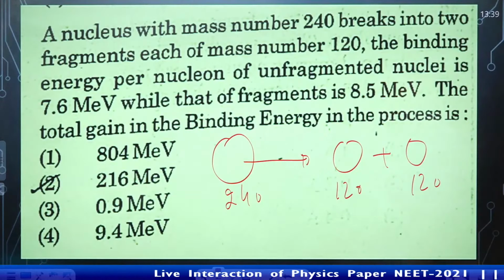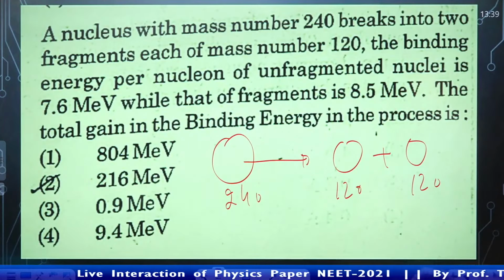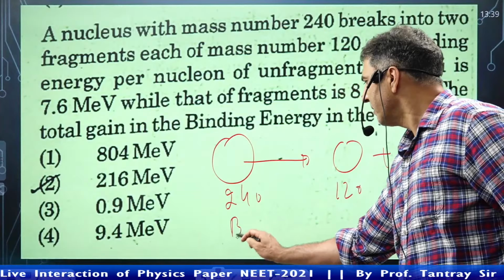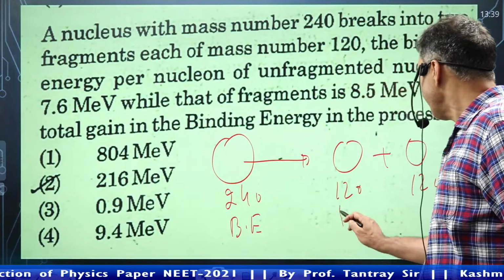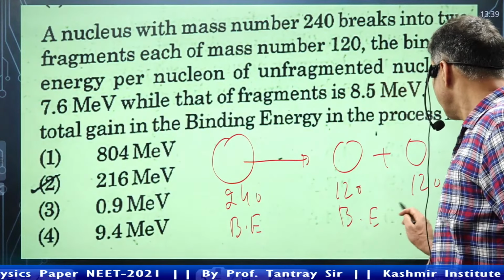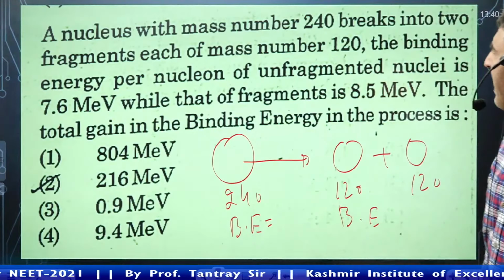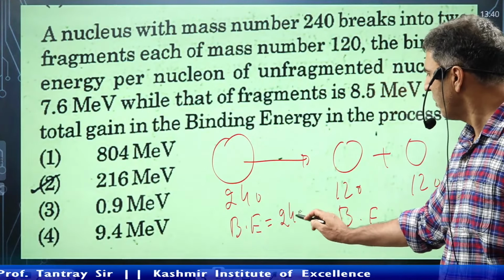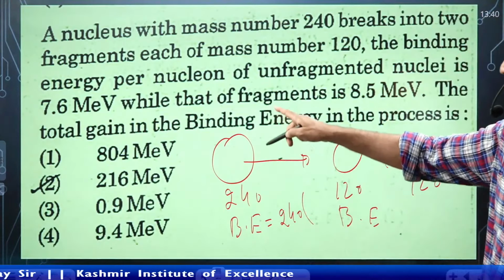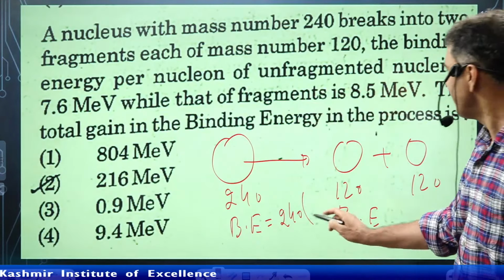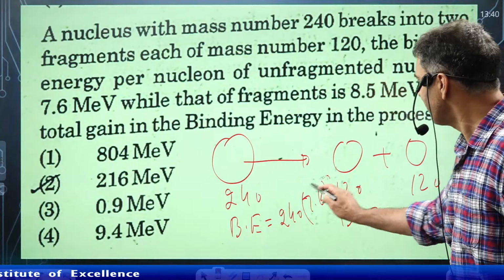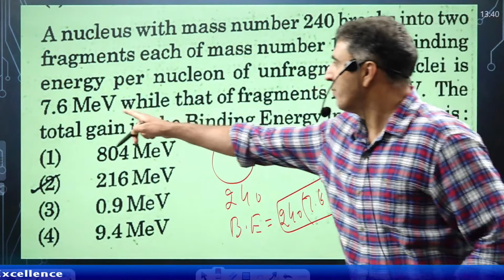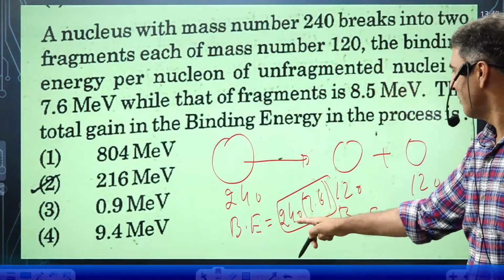So when mass number is conserved, what is the binding energy here? That I will write. What is binding energy for these two? What is binding energy for the parent nucleus? Binding energy for the parent nucleus is 240 into binding energy per nucleon, 7.6, because it is binding energy per nucleon, but you have so many nucleons, 240.